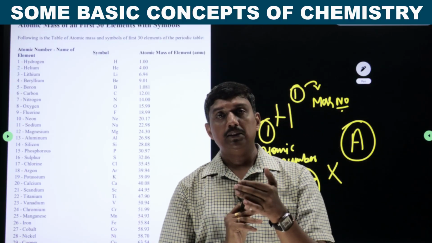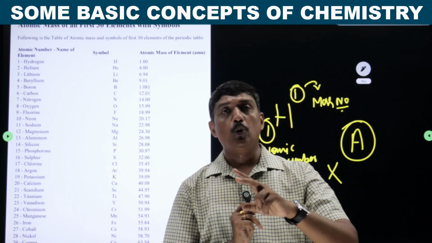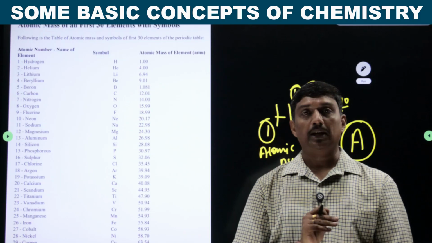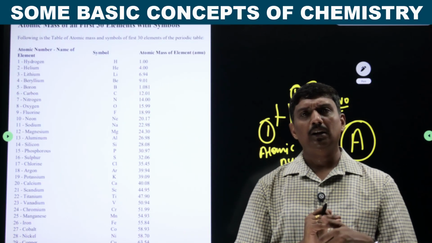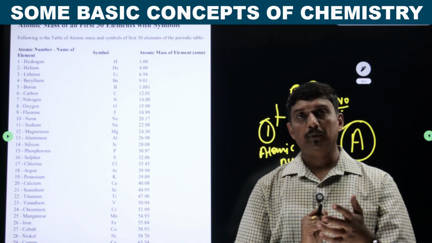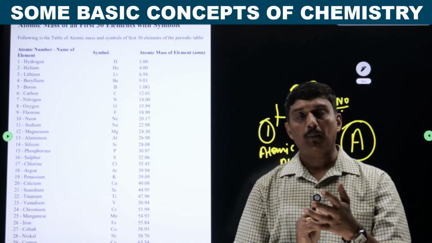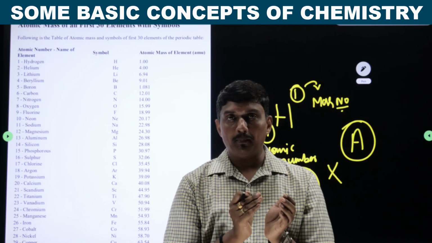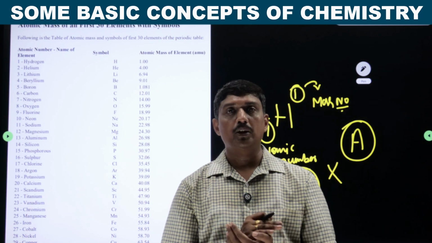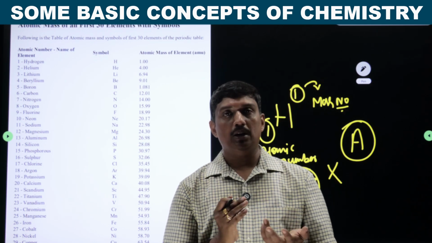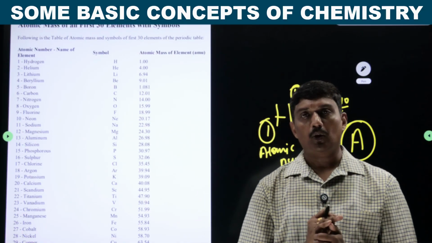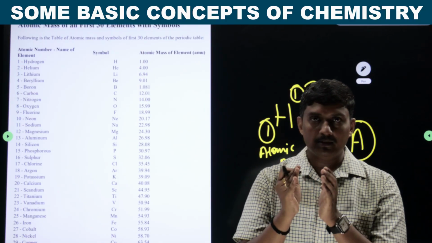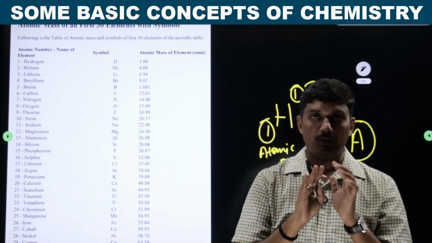Metalloids are the elements which exhibit both the properties of a metal as well as a non-metal. Germanium and silicon are considered metalloids. Metals are gold, silver, copper, sodium, potassium. Non-metals are chlorine, fluorine, oxygen, nitrogen and also helium. This is how the elements are classified into metals, non-metals and metalloids.